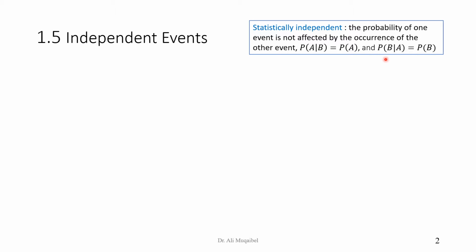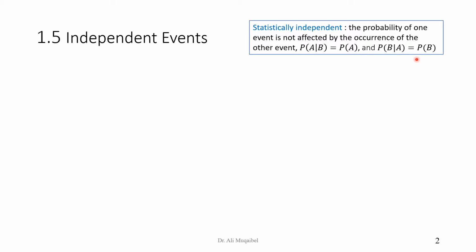And similarly, we can say the probability of B given A, or conditioned on A, given that A occurred, if they are independent, then this is equal to the probability of B. Let's say you and your brother, you're trying to buy a t-shirt, and we're looking at the color here. So the probability that your brother got a blue t-shirt does not mean that you're going to buy a blue t-shirt.